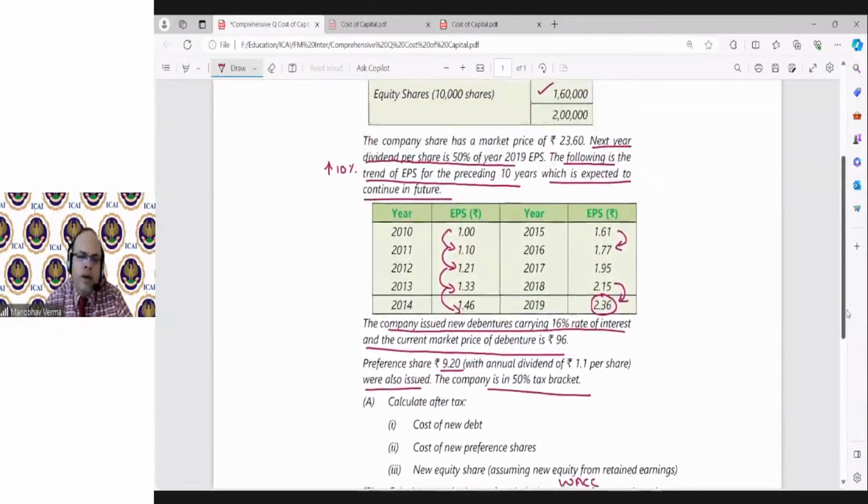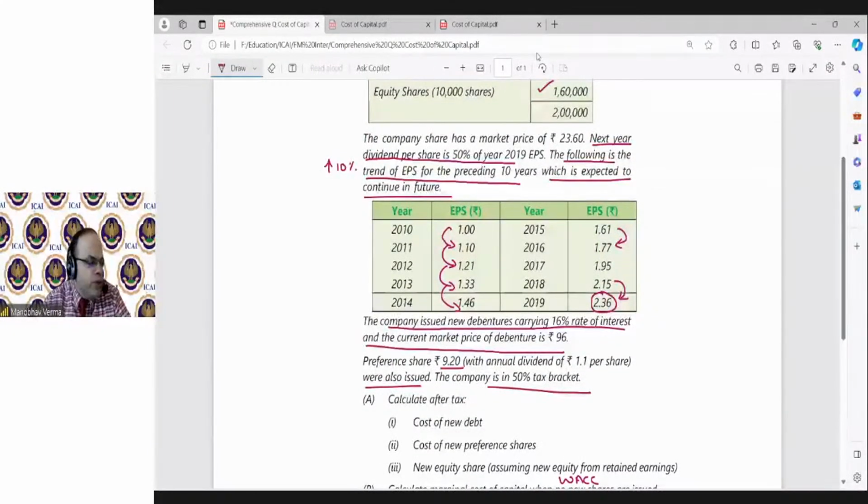Cost after tax of cost of new debt, guys. Who will tell me the cost of new debt? Cost of new debt here. They're talking about 16% rate of interest, and the tax rate is 50%. Market price is given 96.